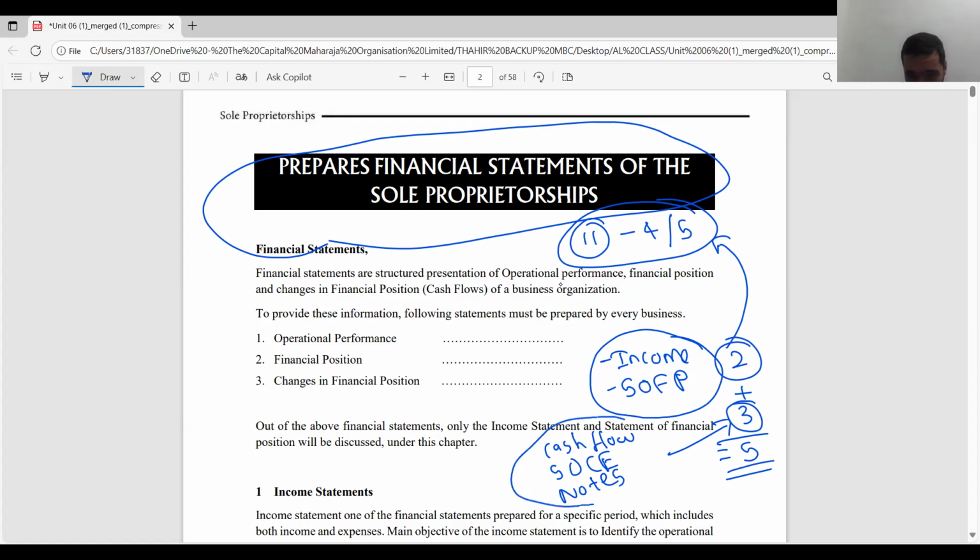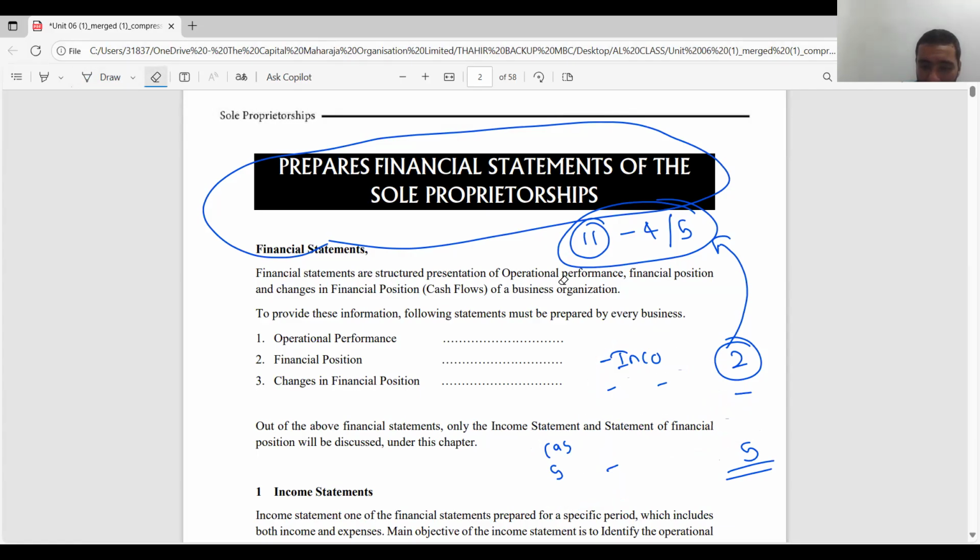These are the 3 additional areas in the financial statements that you will be learning in your advanced level. No need to memorize these now. We'll be learning them in the future.